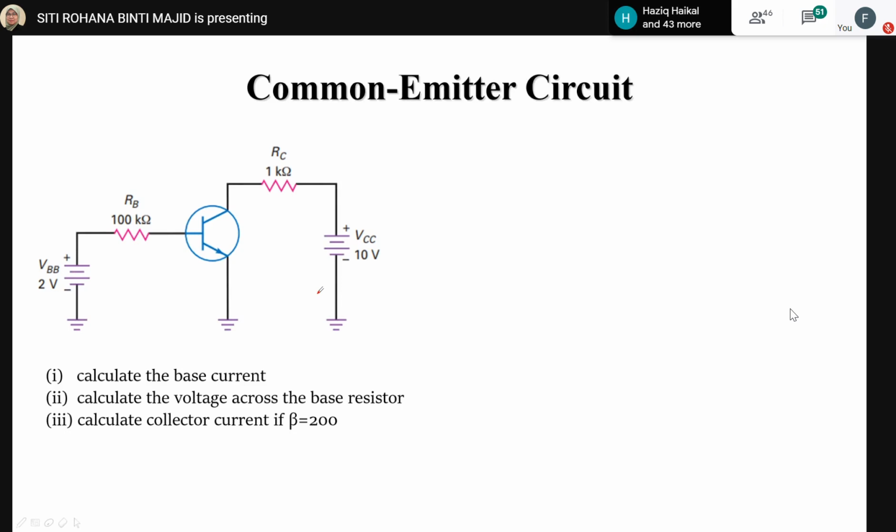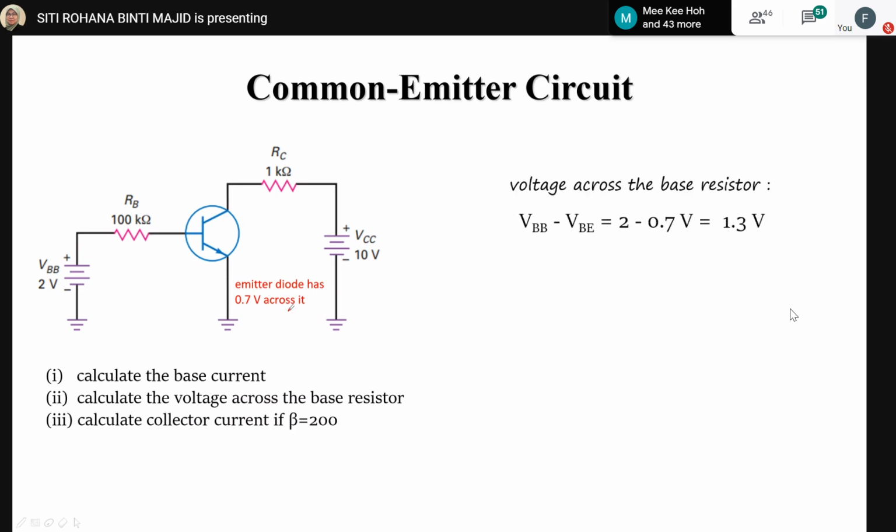We want to calculate the base current, and then the voltage across the resistor at the base here. If the beta is given as 200, what is the collector current? Here we know 0.7 volt for the non-ideal BJT.